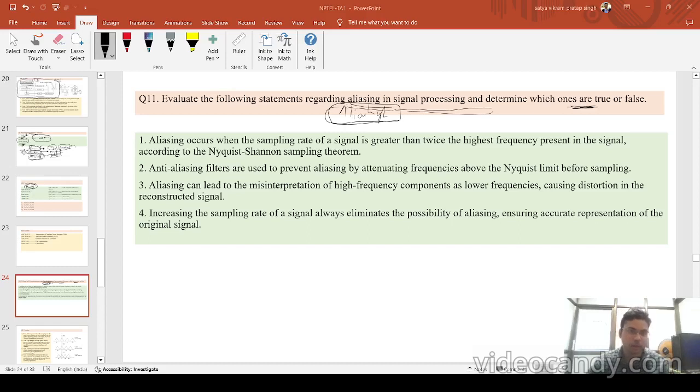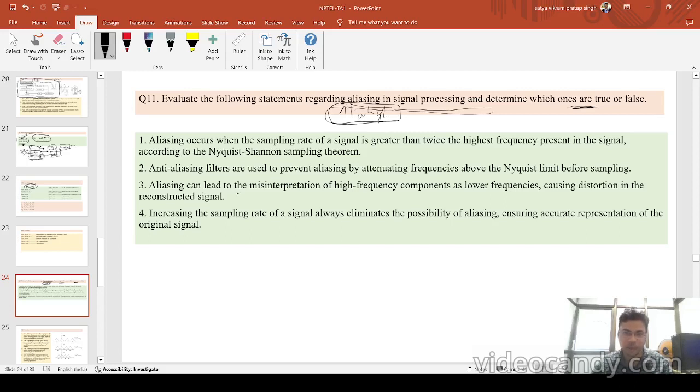Rohan, Mayank, Umar, Rishu, any other answer? AC, somebody giving AC. Any other answer? 1, 4, AC.